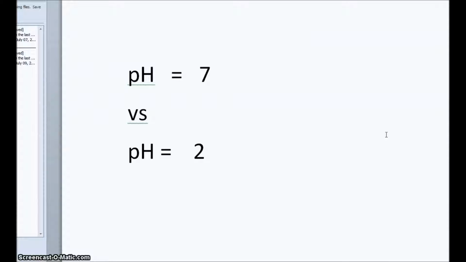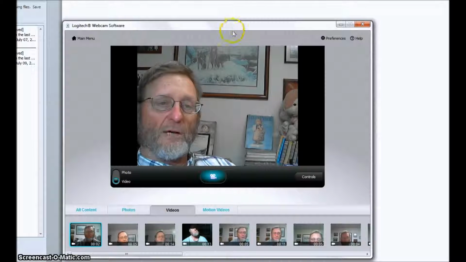Okay, so let's take a look at a pH of 2. What is a pH of 2? It is a certain concentration of hydrogen ions, and by the way, pH, you can think of it as the power of hydrogen.